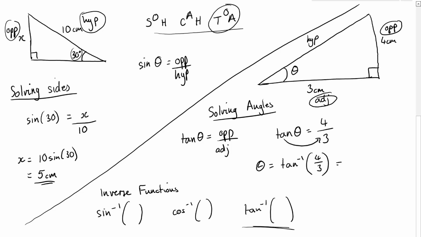Okay, now this is what you would take and put into your calculator. So inverse tan of 4/3 is going to give you about 53.1 degrees, and therefore we've solved for that angle. We now know what that angle is. Okay, so using trigonometry, we can solve for sides, we can also solve for angles.